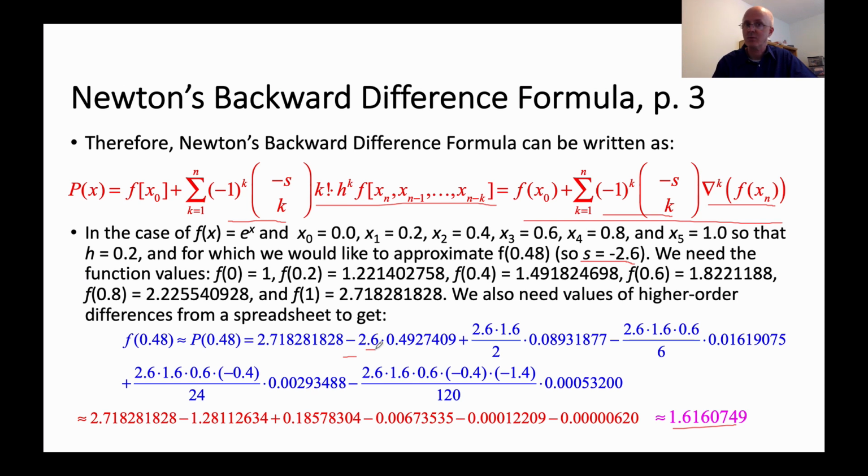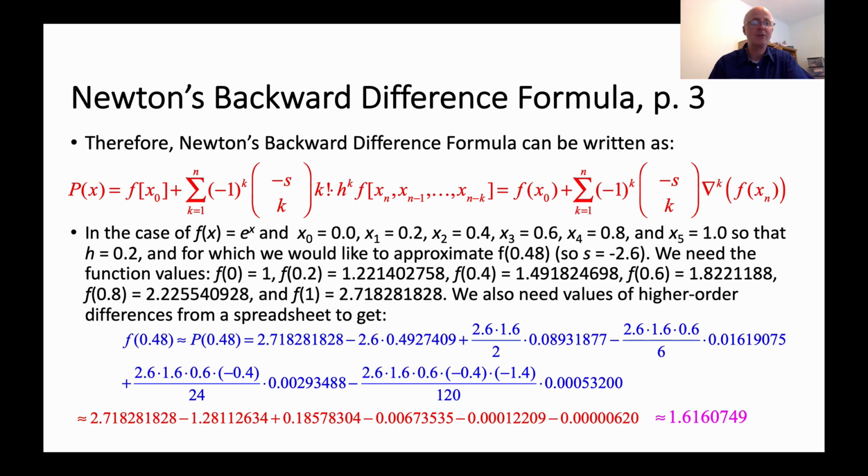Because s is negative 2.6, negative s is positive 2.6. Then we have negative s times negative s minus 1. 2.6 times 1.6 divided by 2 factorial, etc. These signs alternate because these signs alternate, though sometimes we also get negative signs here, here, and here, for example, that you have to be careful about. Take the time to pause this and double check it.